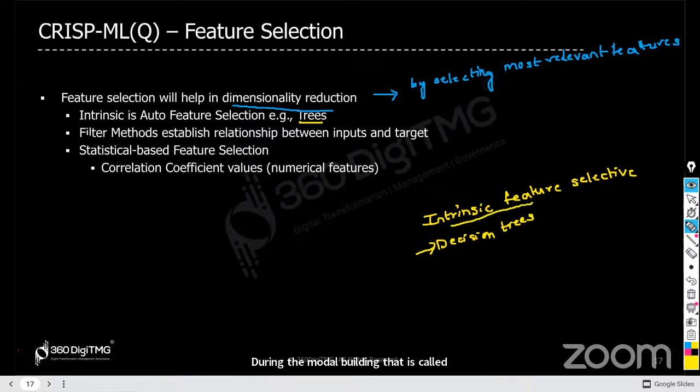And the second one that we have is filter methods. What do you mean by filter methods? Here, we will establish the relationship between the input features and the target variable without involving any machine learning algorithm. So that is another method present in feature selection, that is filter methods.